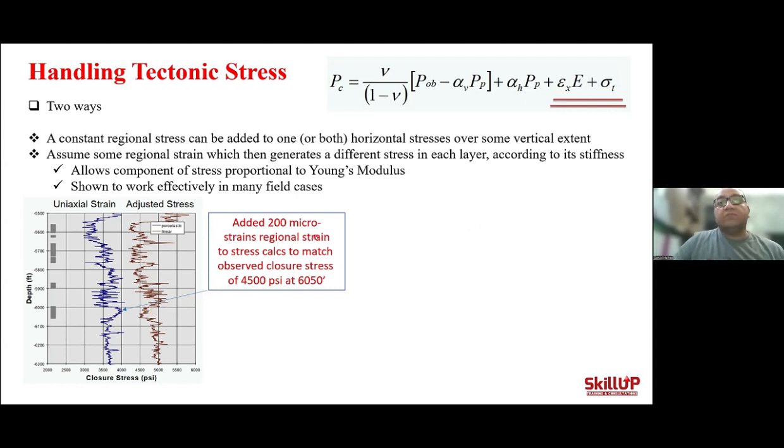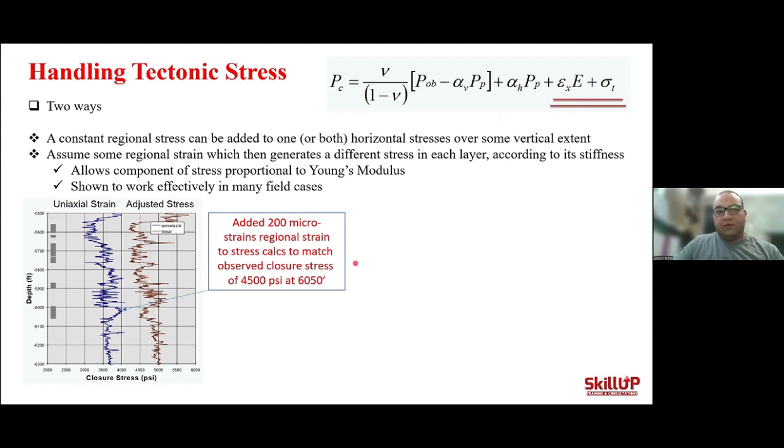You have to add like 200 microstrain, for example, and you will see this will shift the whole stress profile to 4,500. If you get this 4,500, everything will be okay. If you didn't reach 4,500, in this case, you have to add tectonic stress to the whole profile. This is the most accurate way to calibrate this profile.